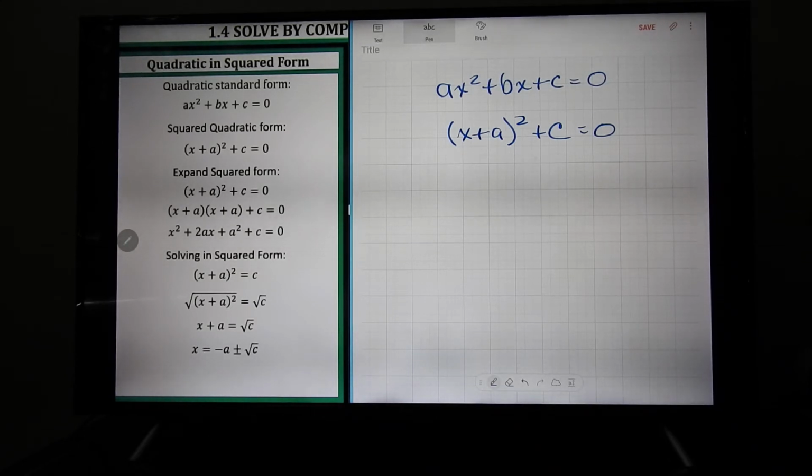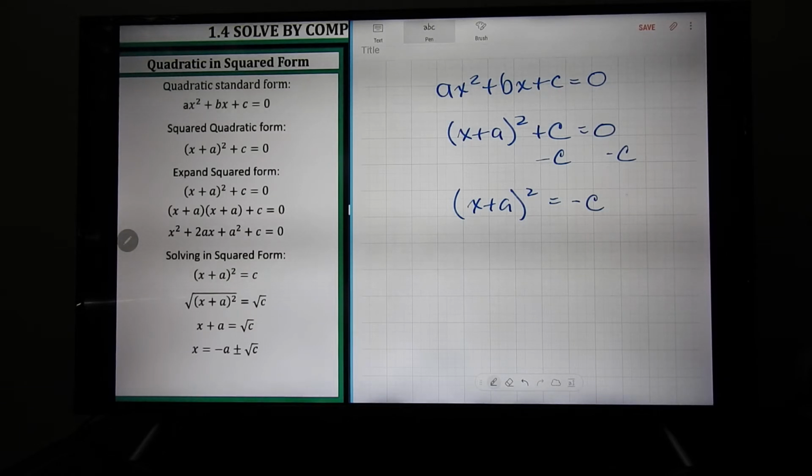The way this works is that you subtract c from both sides, and then you get x plus a squared equals negative c, and you take the square root of both sides. By taking the square root of both sides you end up with your answer.